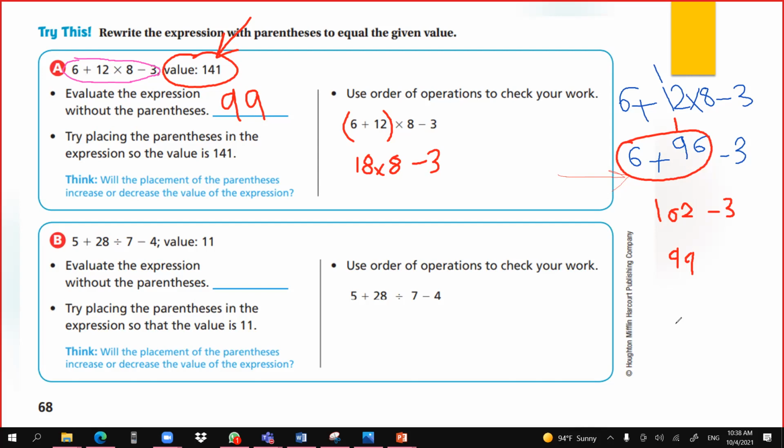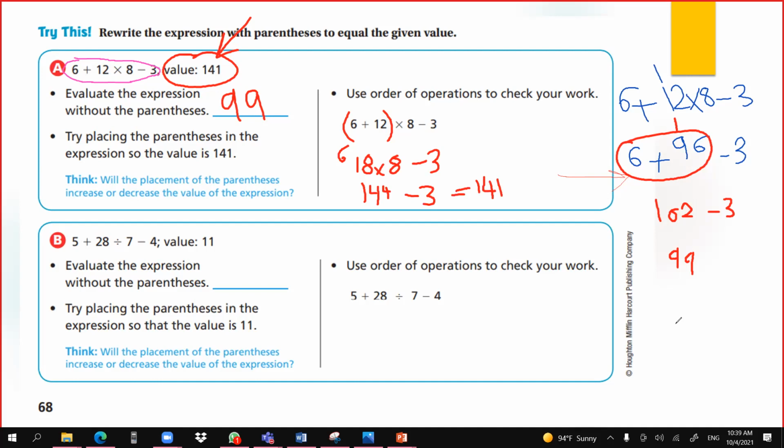So what do we have to do next? Multiply. 18 times 8. 8 times 8 is 64. 8 times 1, 8 plus 6, 14. So the answer is 144 minus 3, 141.